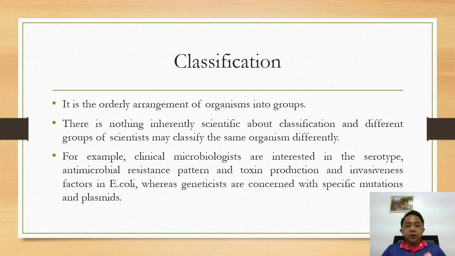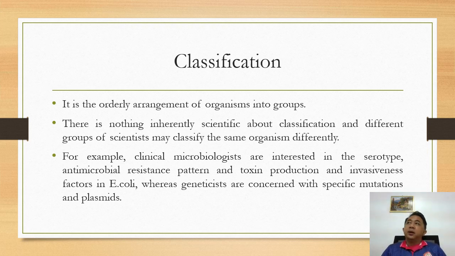Okay. Now, there is nothing inherently scientific about classification, and different groups of scientists may classify the same organisms differently. Okay. So sometimes it is better for us to utilize scientific names rather than using common names or local names. Because if you can recall, in different places, they have different common names or local names they use to identify organisms.